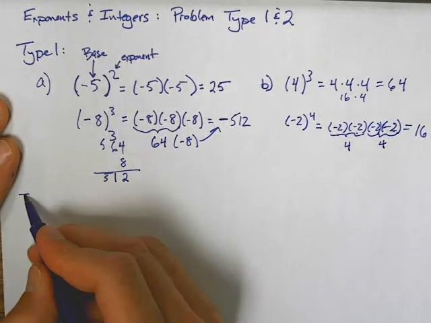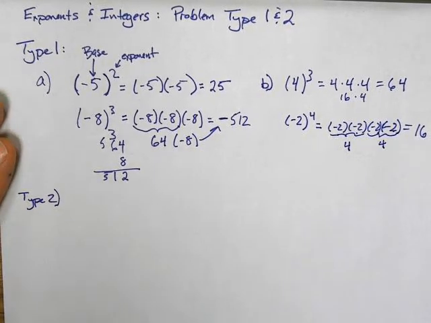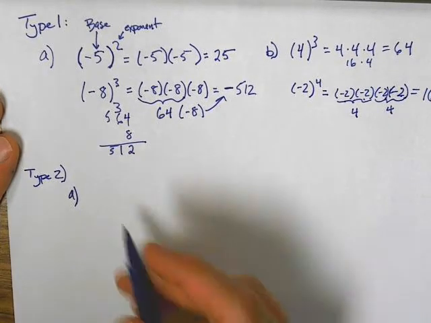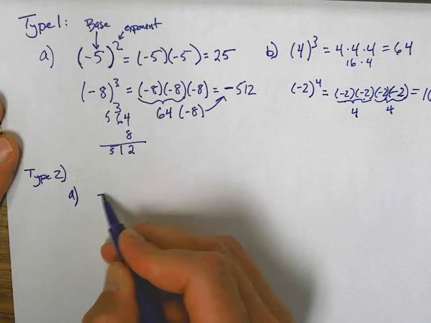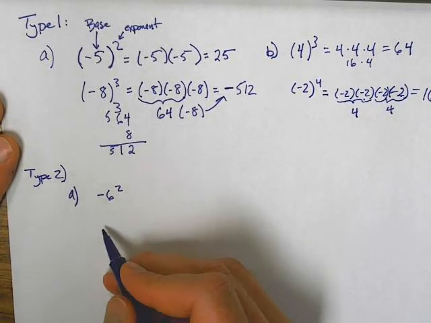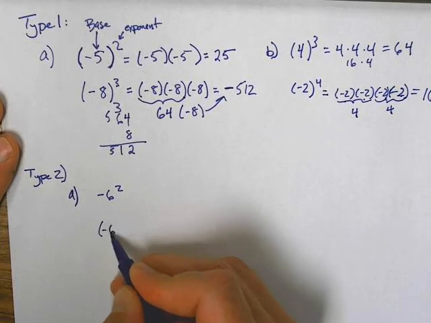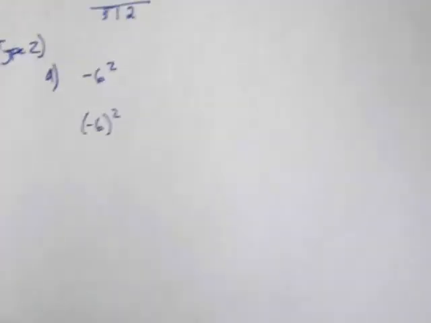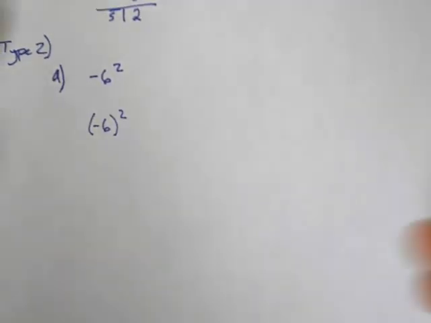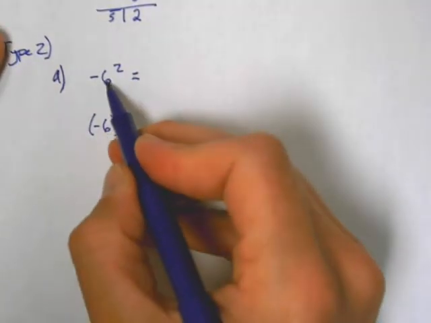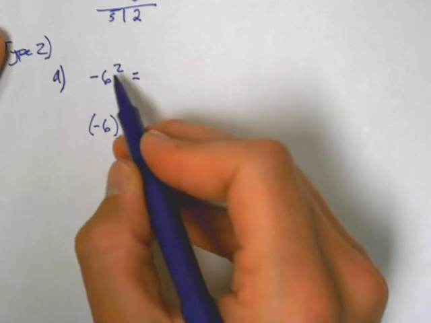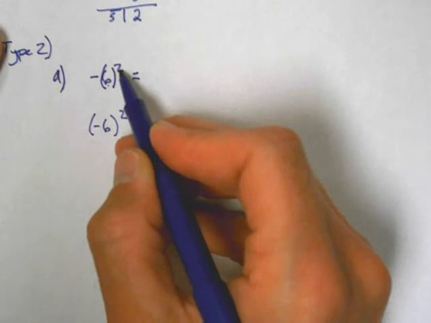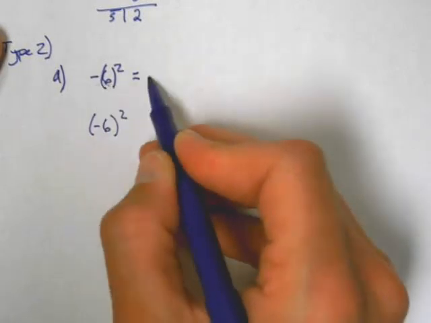Okay, that's type 1. Type 2 gets a little bit trickier, because they're going to try to catch you with your negatives. Example A for type 2, let's do -6 squared without parentheses around the base compared to (-6) squared with parentheses around the base. Now a lot of students will totally mess this up, and you're not going to, because you'll know that if there are no parentheses around the base, the base really is only 6, meaning the exponent is giving instructions only to that 6, and that negative is just sitting out in the front.